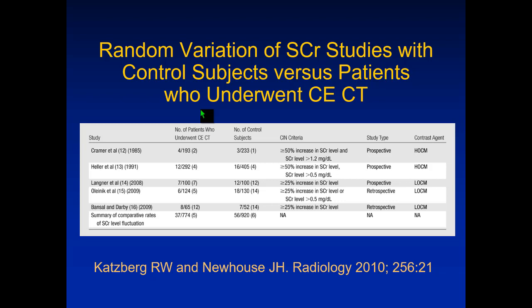And in this study, they looked at that time, back in 2010, the 5 studies that had used control groups, and they found that the incidence was about 5% in both groups, in patients who received intravenous contrast and patients who underwent non-contrast enhanced CT.